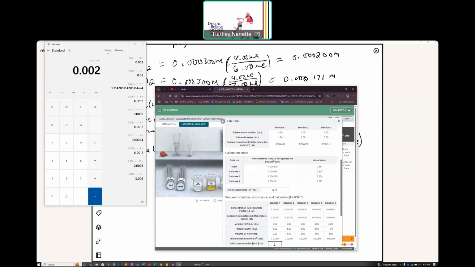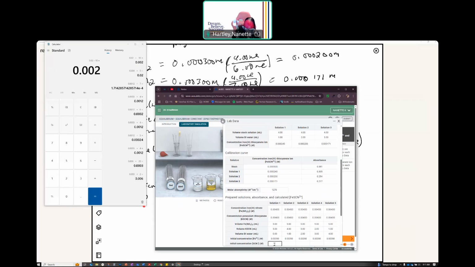When we look at that SCN minus, things are a little bit different. The initial volume of the SCN minus that we put in was 5. The final volume is still 10.